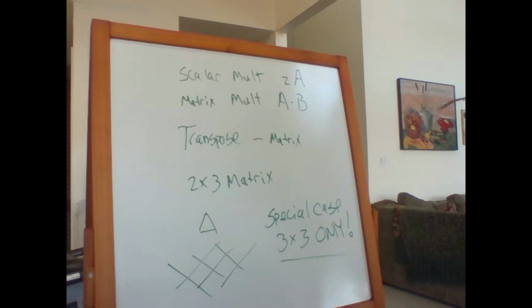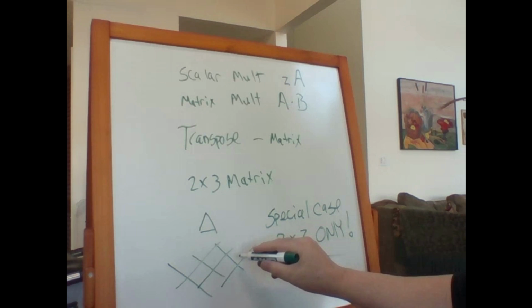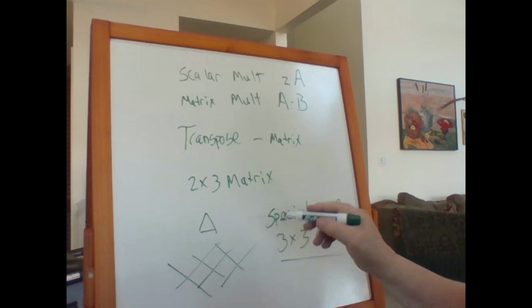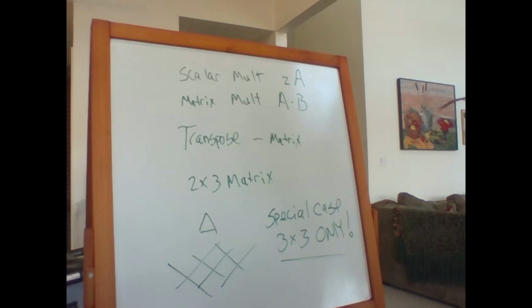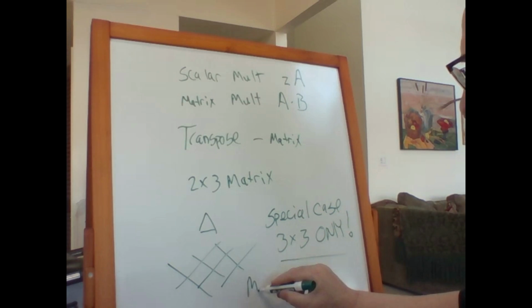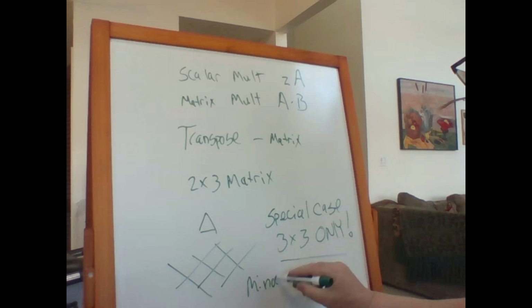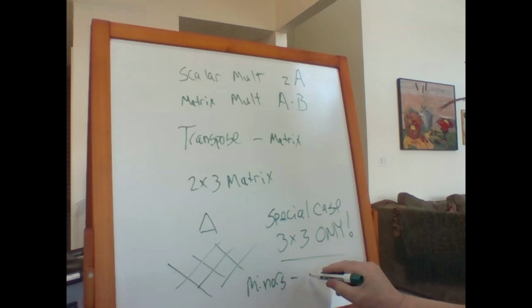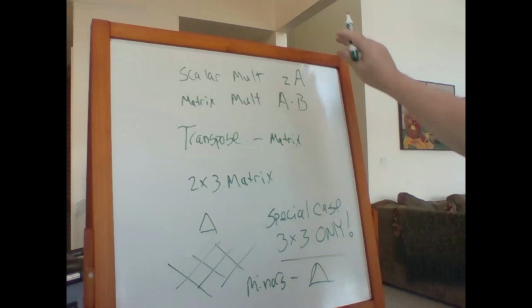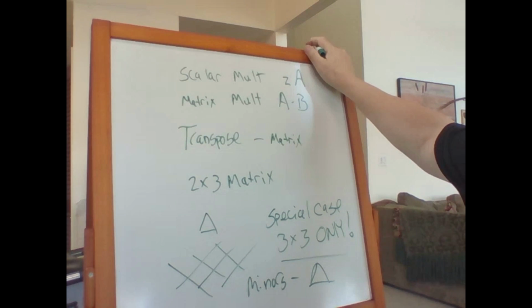What we're going to be looking at for larger matrices is what they call minors, and that's how we're going to calculate a determinant using minors. And so we'll go into those aspects.